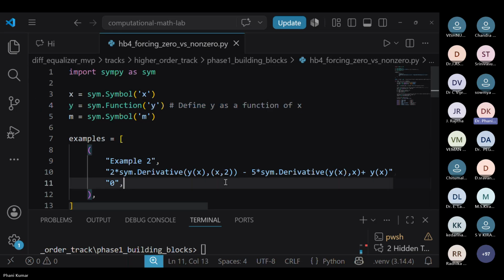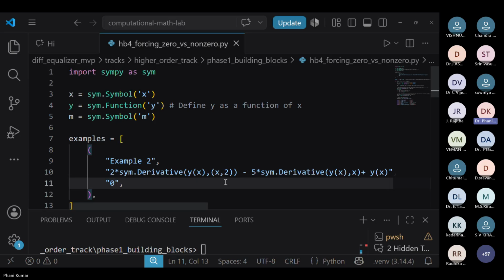Now come to the point you are asking, Sunil sir. So here I am taking sim.derivative y of x comma x comma 2. Sir, it represents that derivative. Sim.derivative is a method. That method is in that library SimPy.